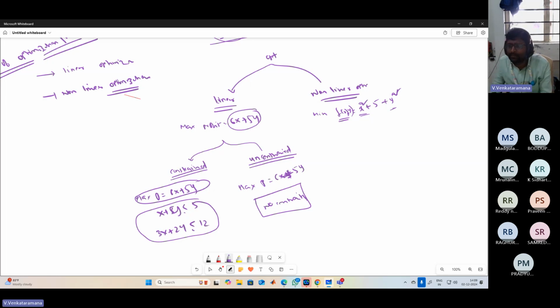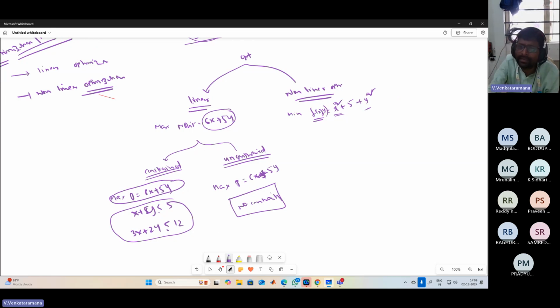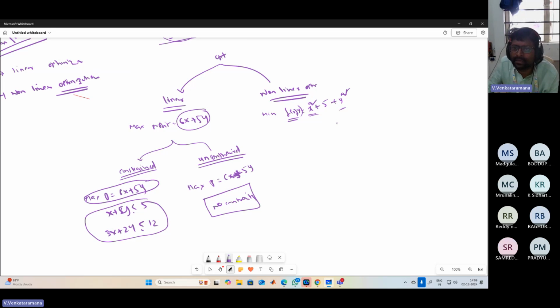Hope you understand. Similarly, nonlinear is the same thing. Nonlinear optimization problems are also further classified into two categories. One is called the constrained nonlinear optimization problem, or the unconstrained nonlinear optimization problem.